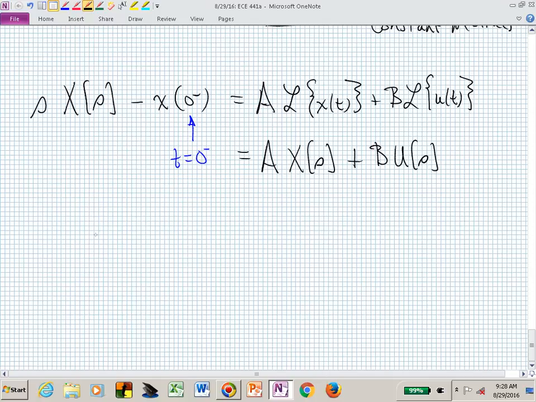And let me emphasize that X of s is actually a vector, and in general it's an n-coordinate-tall vector, with n elements.